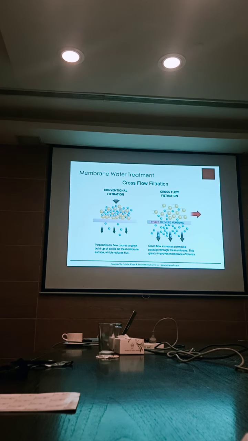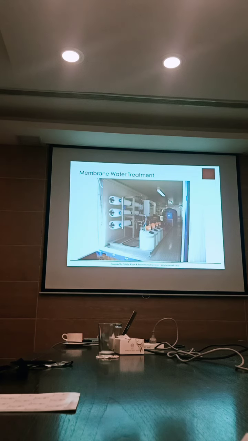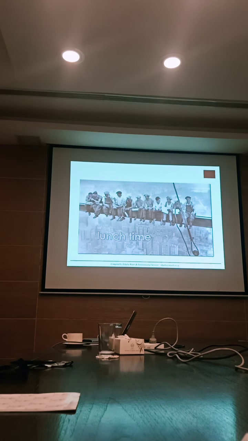We'll get to that, and that's just an indication of cross-flow filtration membranes relative to direct filtration. So again, efficiencies, cost, you look at all of that. These are the big ones, small ones, they come in all sizes.